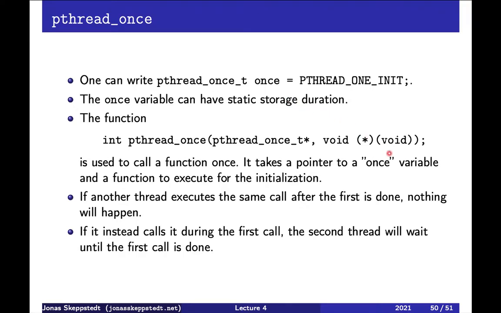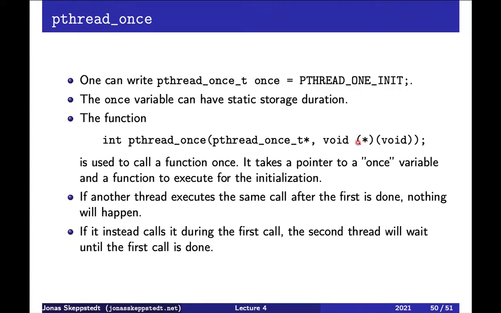Of course, the function can be called in other ways, but with this variable, we pass the address of this variable and the function, and the first thread that comes to it will call the function, and the second thread, and so on, will either wait in case the first thread has not completed the call, or if the first thread has completed the call, they will just continue without calling this function.